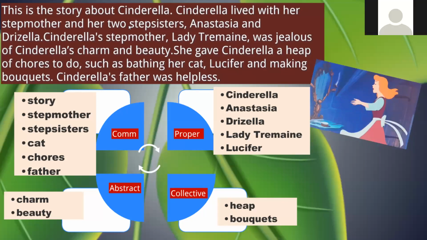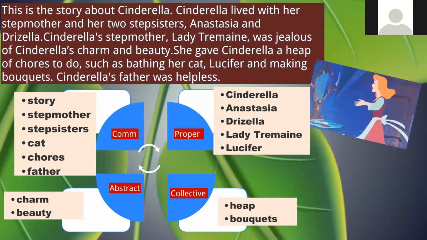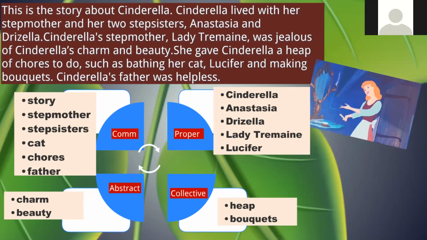Give me the names of those who are the feminine gender. Cinderella, Anastasia, Lady Tremaine, yes. What about stepsisters and stepmother?